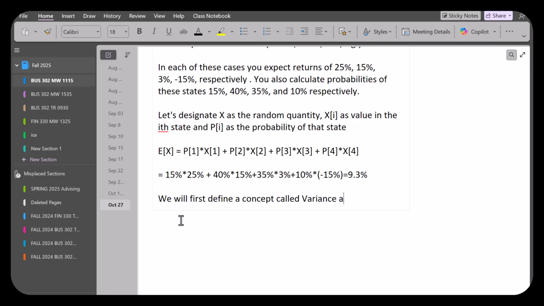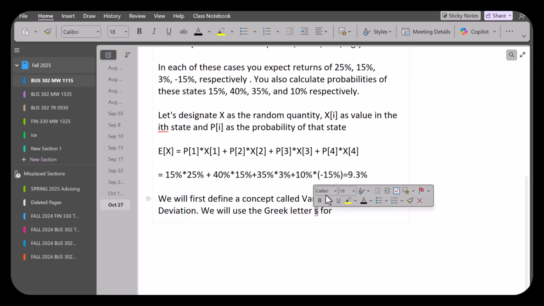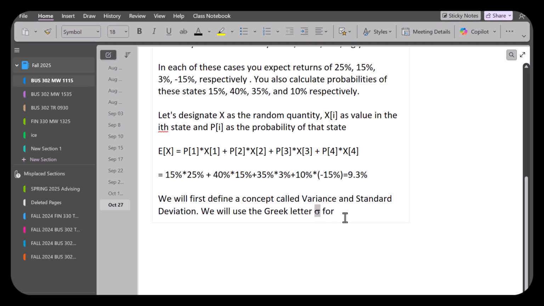And standard deviation. We will use the Greek letter sigma for the standard deviation, and I'm going to change the font of that symbol.